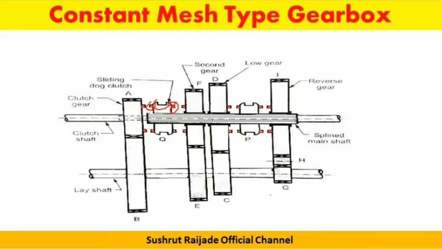These clutches engage with the respective gears which are on the main shaft. Here you can see gear F, D and I which are on the main shaft can be engaged with the dog clutches. Okay, so by sliding on the main shaft, these dog clutches can be engaged with the gears.